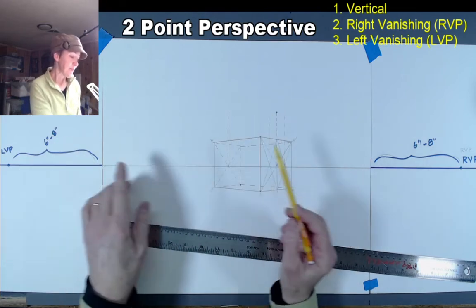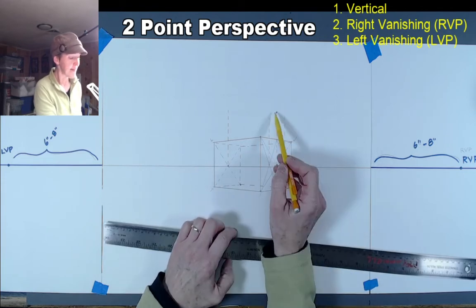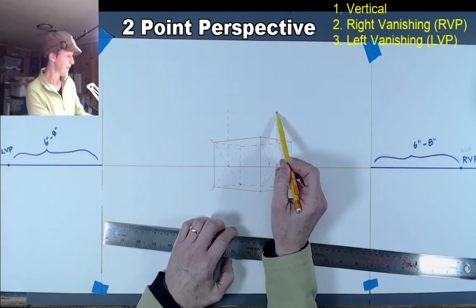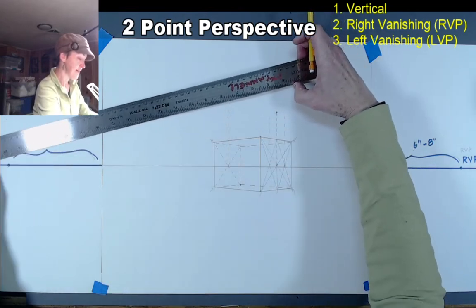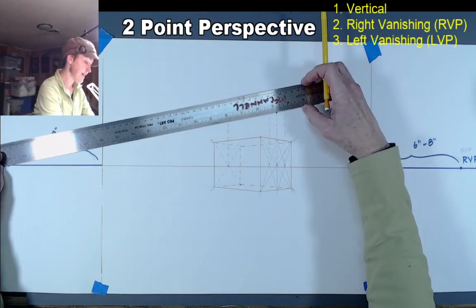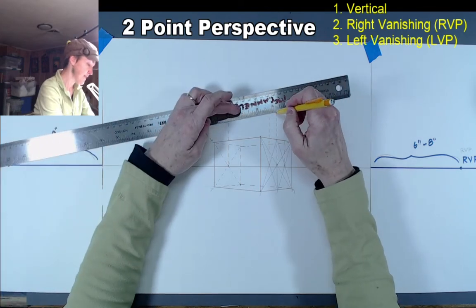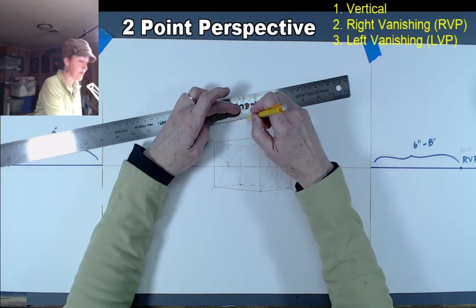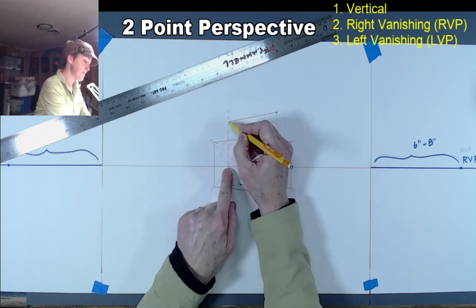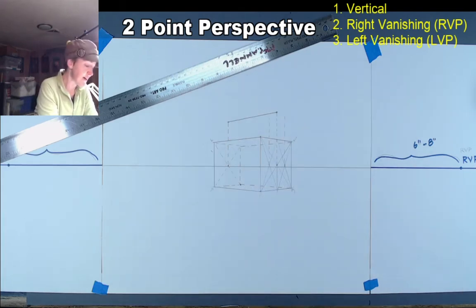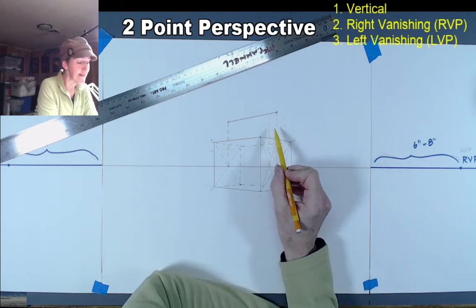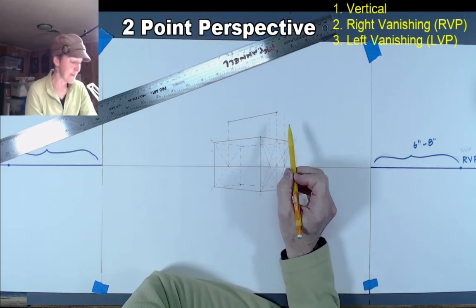So we're going to take the dot here on the right side, but we're going to lead it to our left vanishing point to help find the middle of the back end of the roof. So right here, this is our midpoint, so we can mark that as the very highest point of the back of the roof. And then we need to figure out what to do with these, because we want these to also follow the rules of perspective.